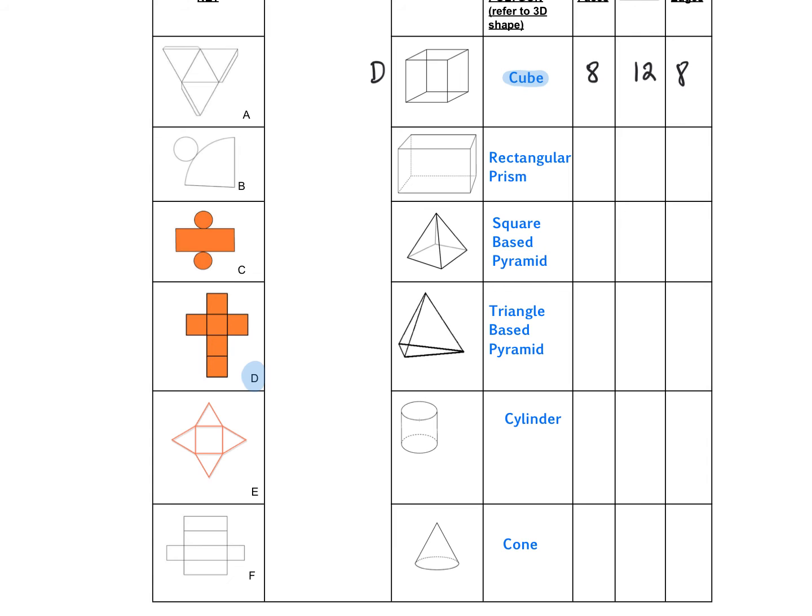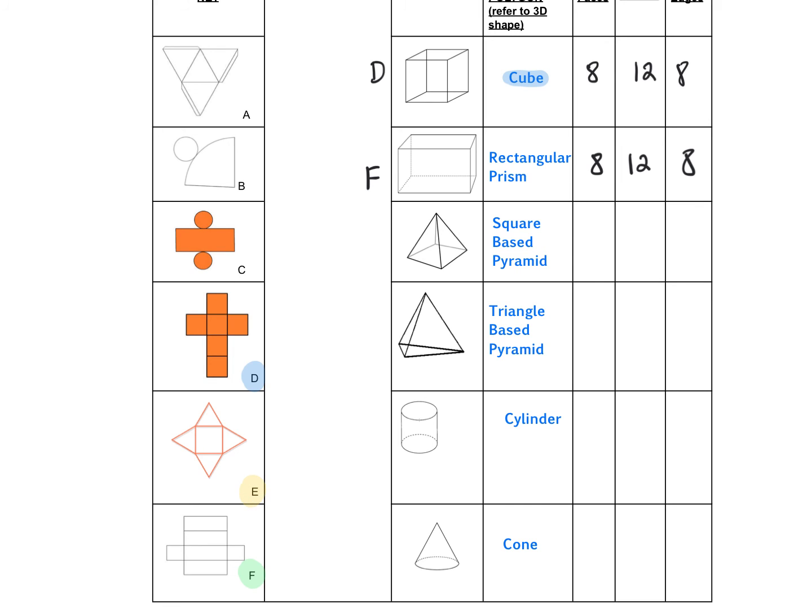Let's think about a rectangular prism. Here, this one matches net F down there. And remember, rectangular prism is exactly the same as a cube, 8, 12, and 8. My square base pyramid here, I want to look for my square on the bottom. Oops, I changed the highlighter there.